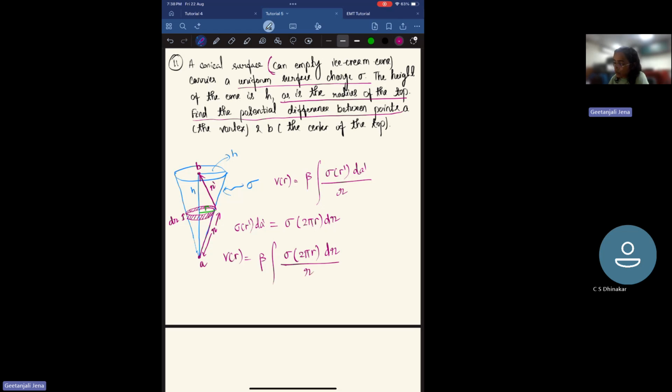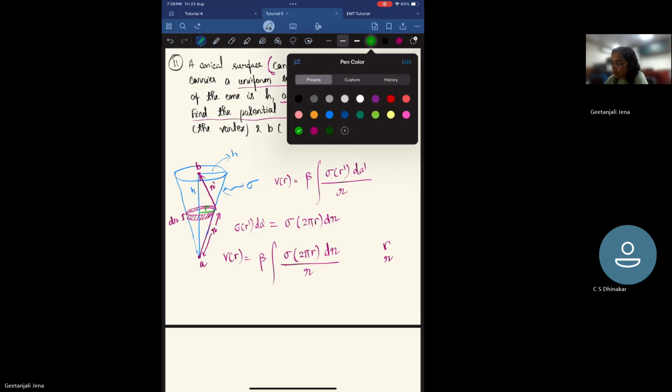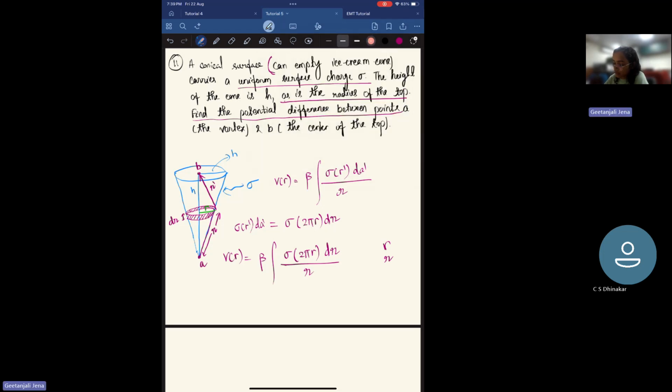You can see here we have two variables. One is smaller r and one is capital R. So we need to express it in terms of only one variable. For this, you can see the triangle. Let me take this.